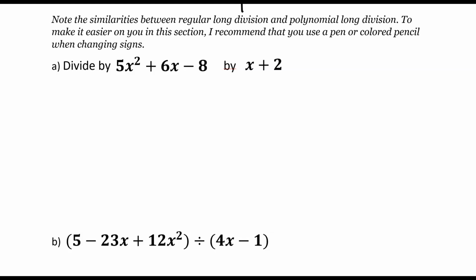So the first thing that we need to do when we're dividing polynomials is to ensure that we have all of our terms and that our polynomials are in descending order. And what I mean about descending order is from greatest to least.